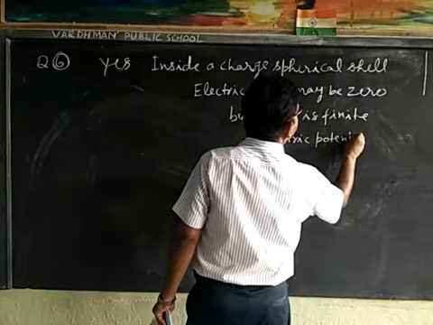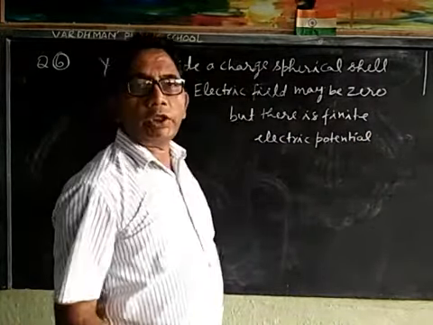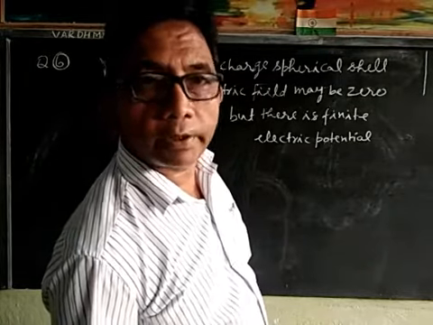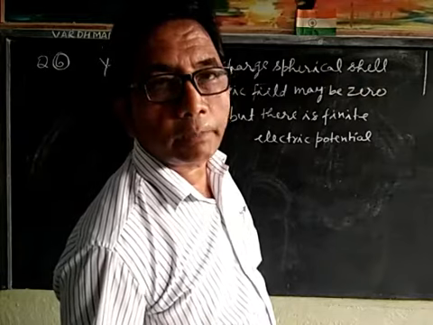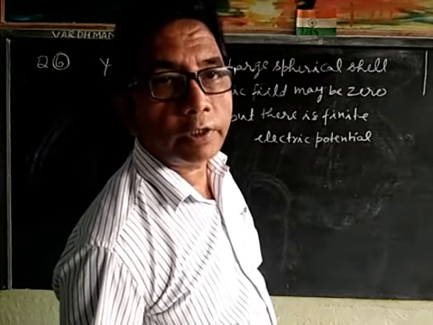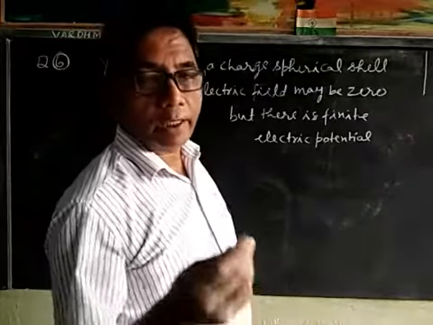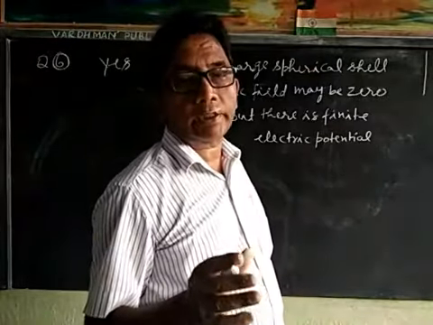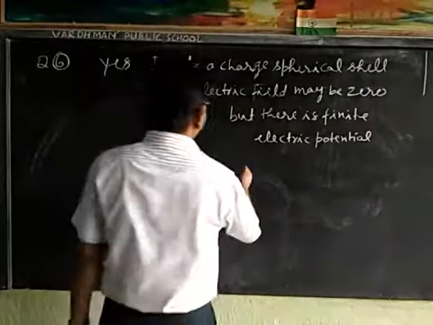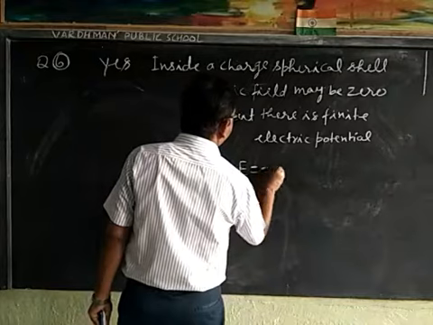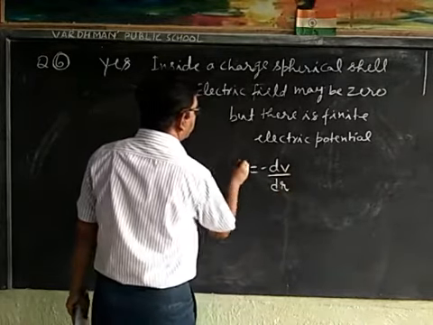How can we see this? We know E is equal to minus dV upon dr. Here the electric field is equal to 0. Thus dV upon dr is equal to 0, or V is equal to constant. There is some electric potential inside a charged spherical cell, but the electric field is 0.